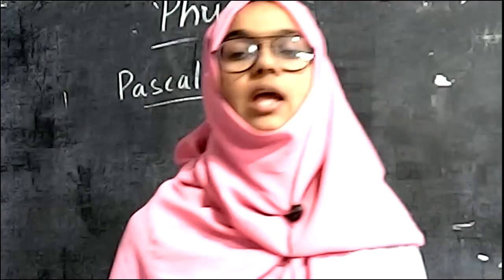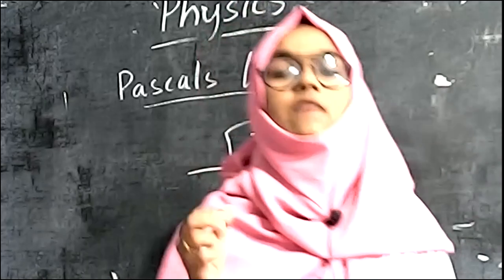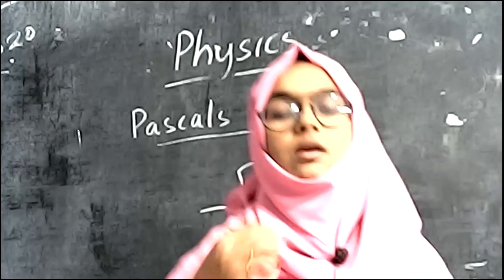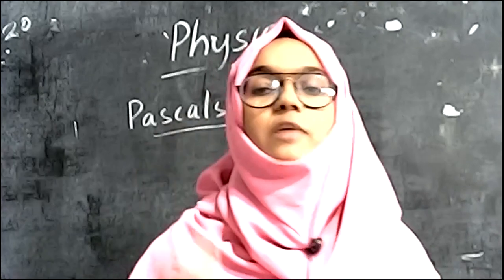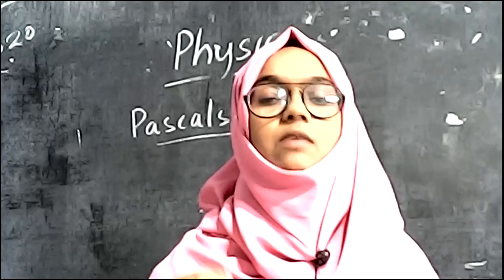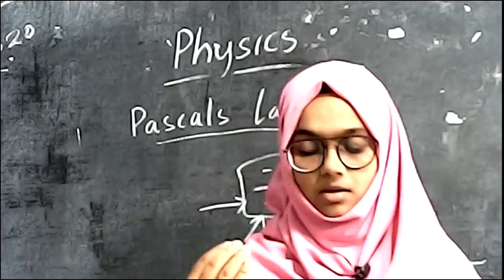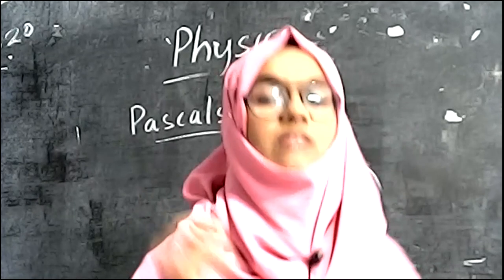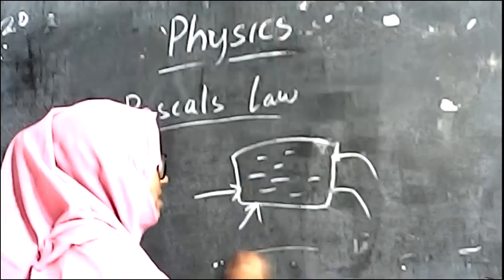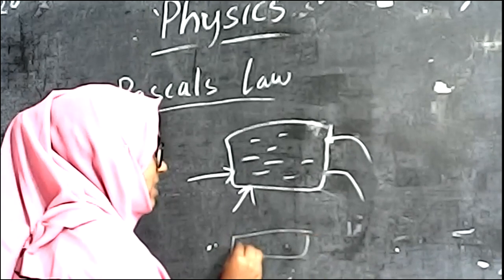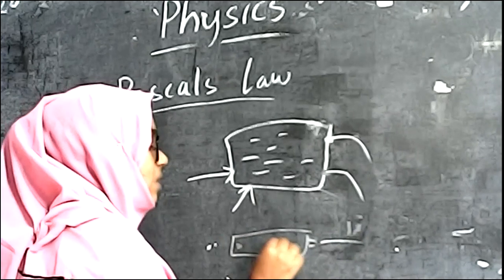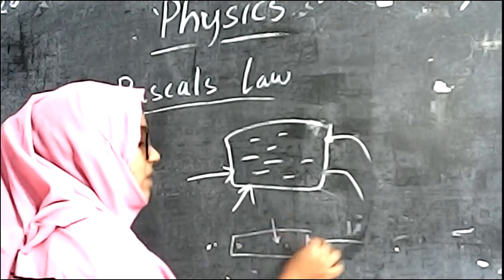When we press a toothpaste tube at one end, we get toothpaste from the tube. Anywhere we press, we get toothpaste. That is always based on Pascal's law. When we apply pressure on this side, we get toothpaste, and when we apply pressure at this point, we also get it.